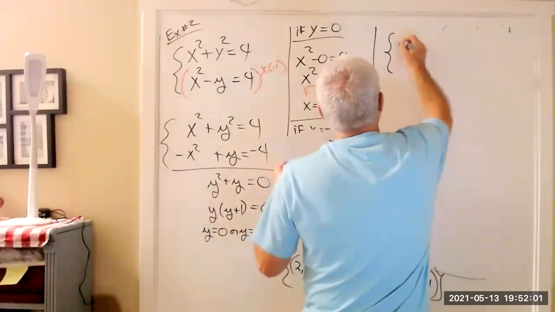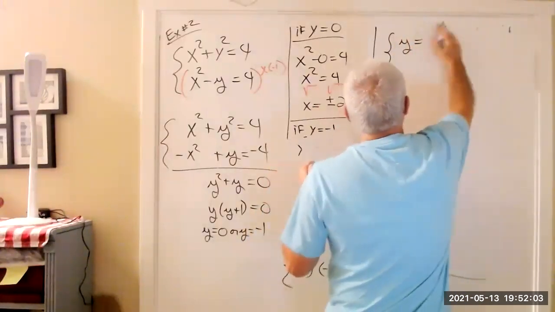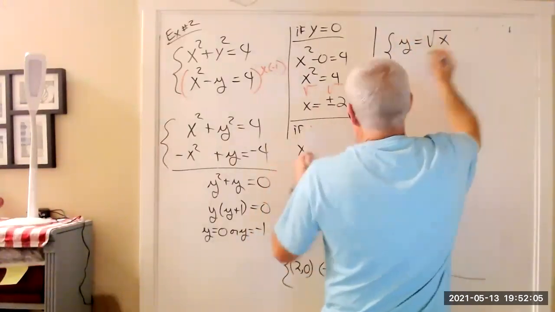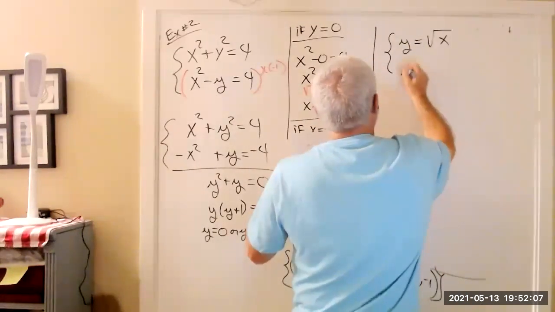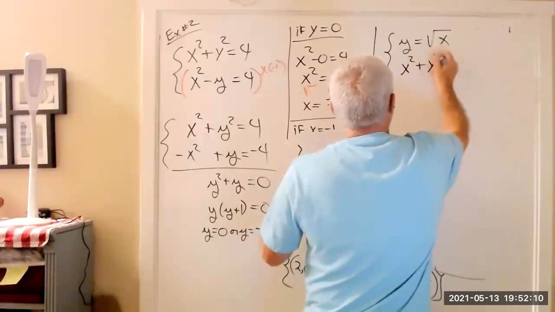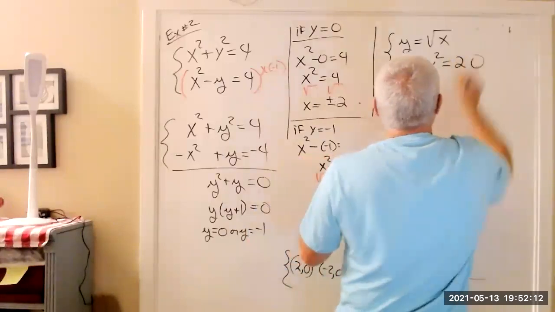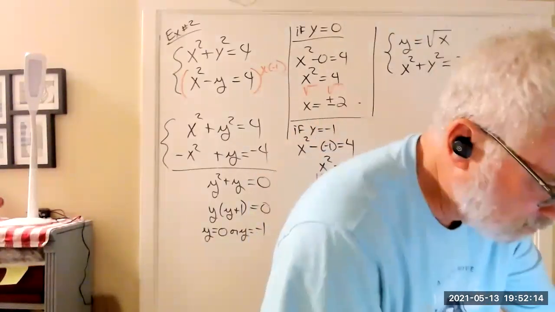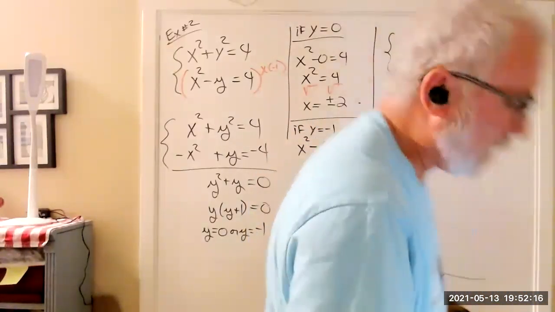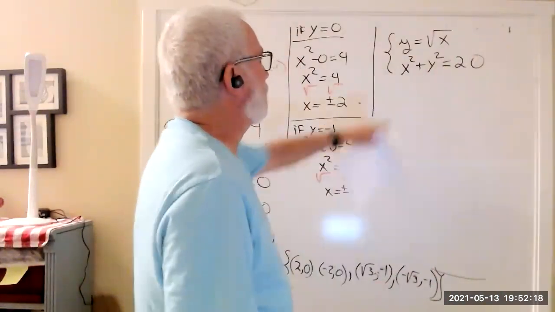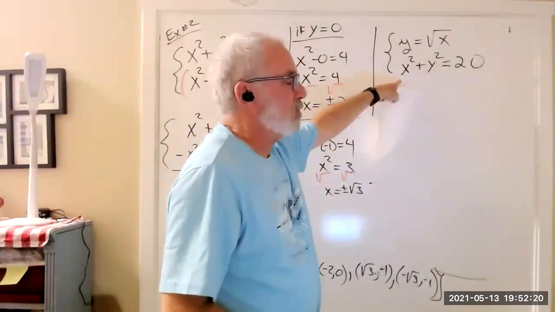This is a system of y equals square root of x and x squared plus y squared equals 20. Okay. Bottom one's a circle.